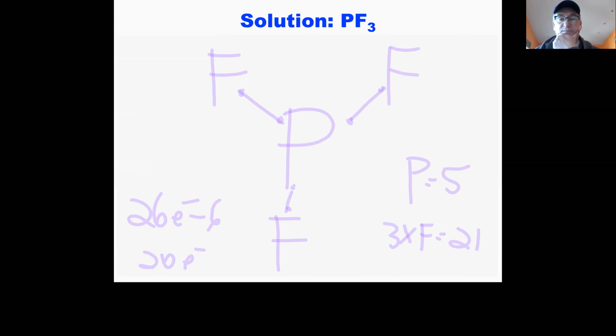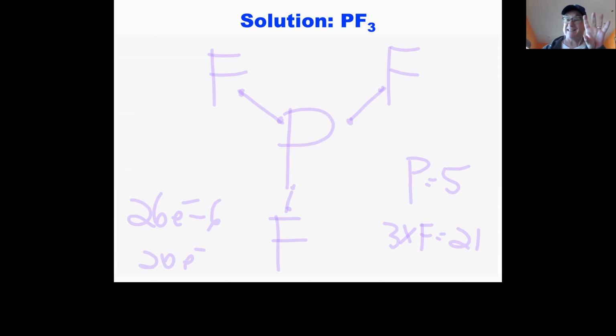On the outside. Yeah, put them on the outside. How many do I give each on the outside, though? 6 for each. Why 6? 3 lone pairs. But why 6 of them? Because there are already bonded electrons.